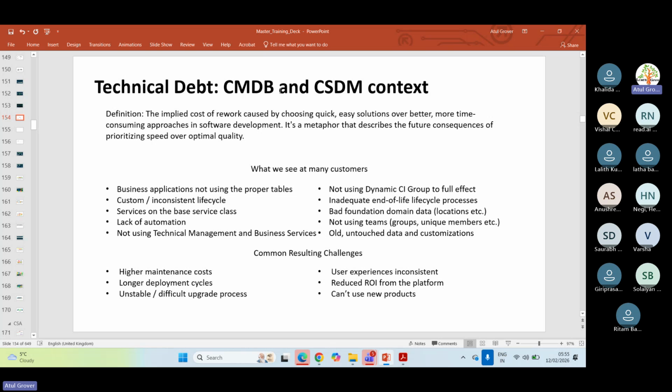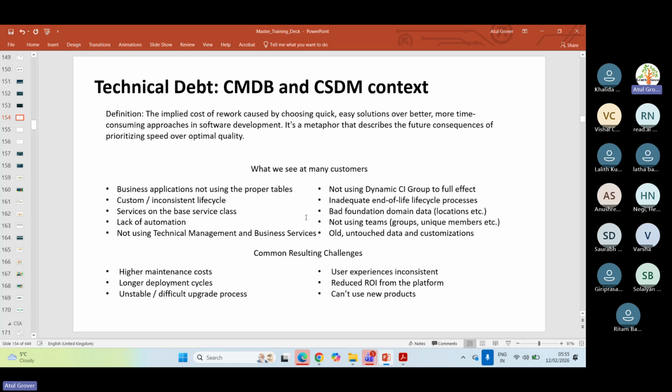And in the CMDB CSDM concept, maybe they're not using the right tables. They're creating unnecessary, unrequired or undefined relationships. Not using the right classes for your CIs. Not having the right foundation data, completeness, correctness.